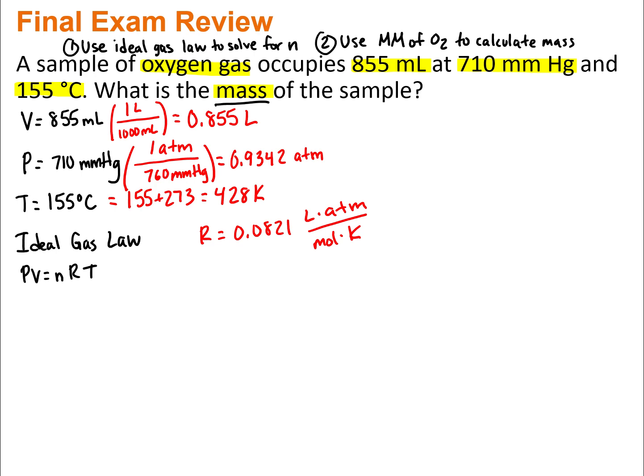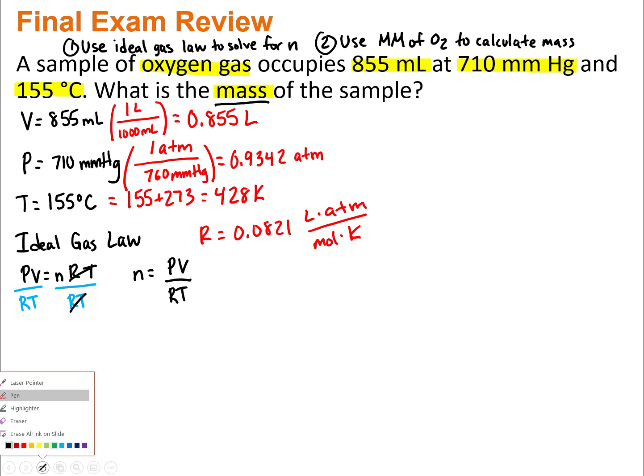Now that we've done all that leg work, we can actually go ahead and rearrange the equation to solve for n. So we put the pressure times the volume over top, and then R times T on the bottom. We'll fill it in.